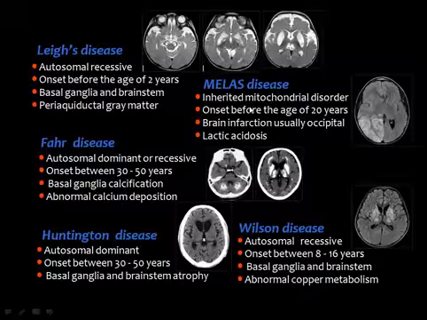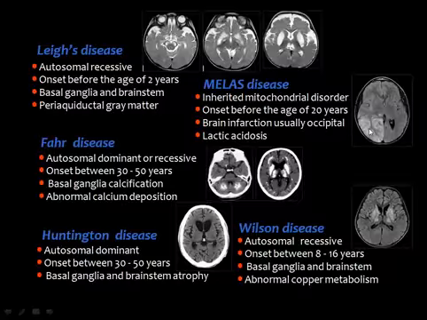Then the MELAS syndrome or the MELAS disease is an inherited mitochondrial disorder. The onset of the lesions will appear before the age of 20 years, and this will be in the form of brain infarction, which is usually in the occipital region but can occur anywhere in the brain.